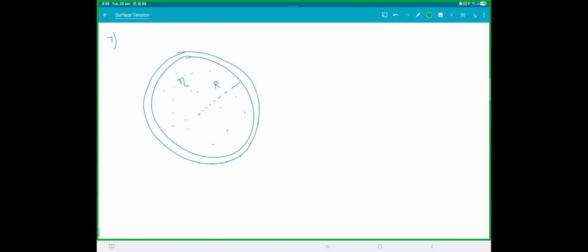Coefficient of viscosity is eta. S is your surface tension. Outside pressure is P naught. Now what you did, you took a small pipe. L is the length of the pipe. Small a is the radius of the pipe.